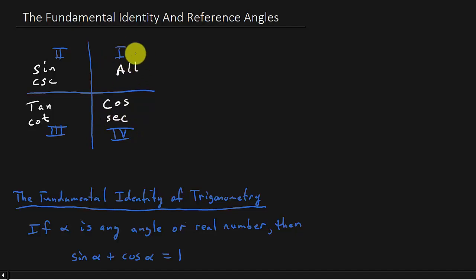So all of them are positive in the first quadrant: sine, tangent, cosine. And what goes with sine? Cosecant. Tangent, cotangent, cosine, secant. All positive here. Sine and cosecant are positive in the second quadrant, tangent and cotangent positive in the third quadrant, and cosine and secant are positive in the fourth quadrant.